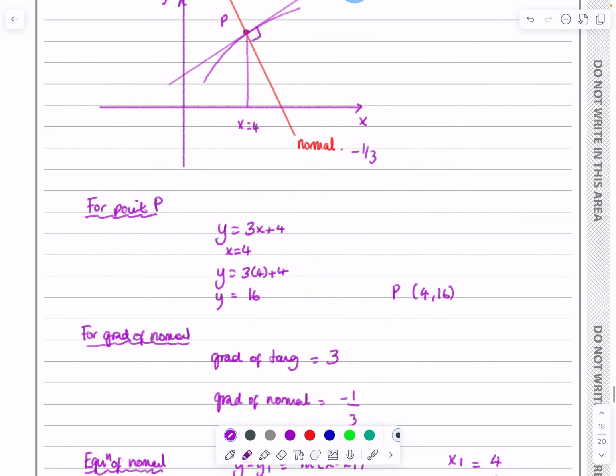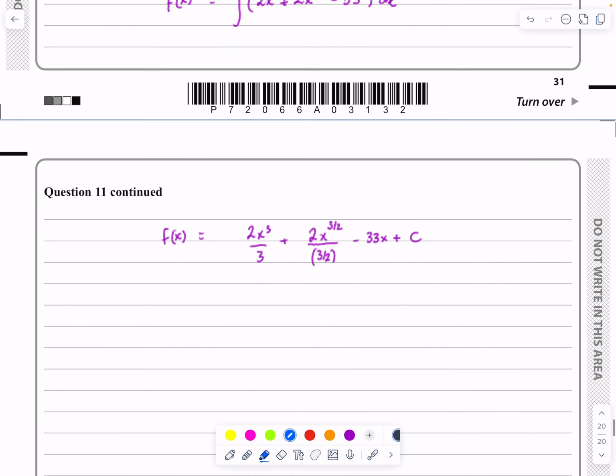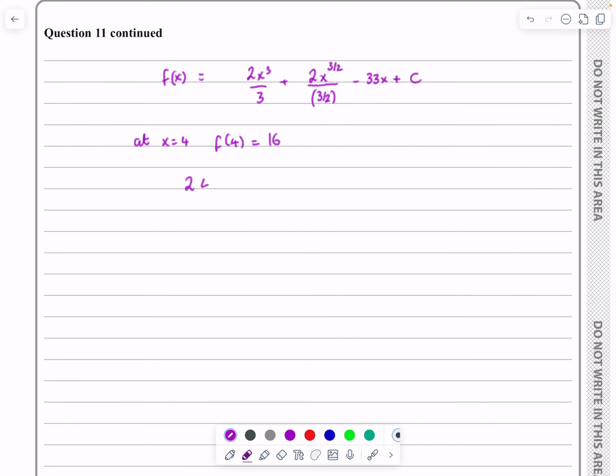Well, again, from our previous work, we know that when x is equal to 4, y is equal to 16, and y is fx, isn't it? So we also now know x equals 4, f4 is equal to 16. So that means 2 lots of 4 cubed over 3 plus 2 lots of 4 to the 3 over 2.